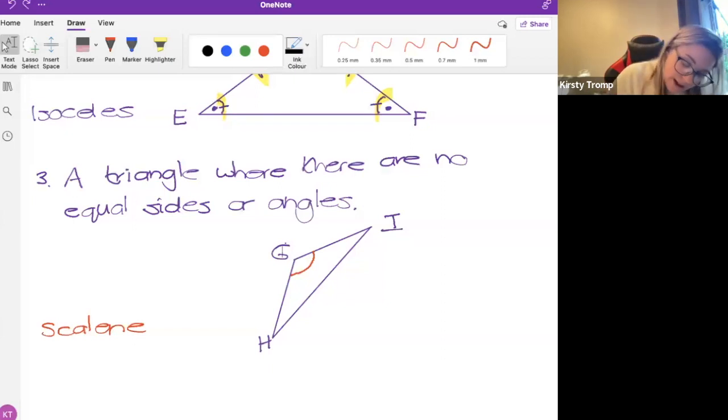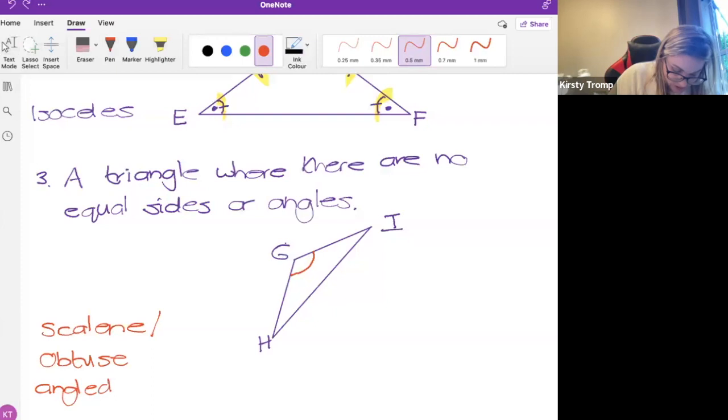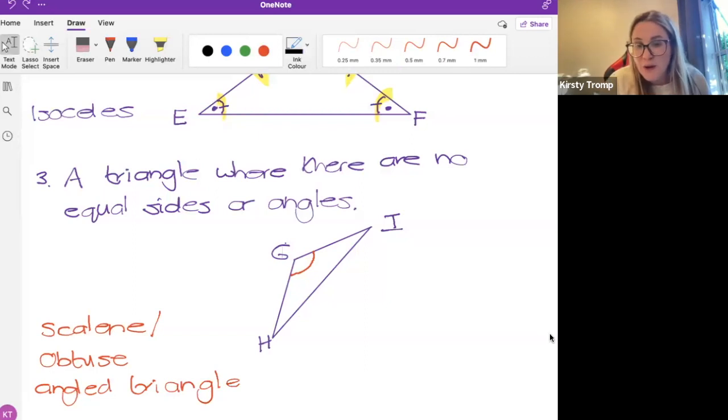Okay, so when an angle is greater than 180 and it's in a triangle, we would also call that an obtuse angled triangle. So that's just another name that we can also give this triangle. Thank you so much for your help. Okay, ma'am. Bye. Thanks, bye.